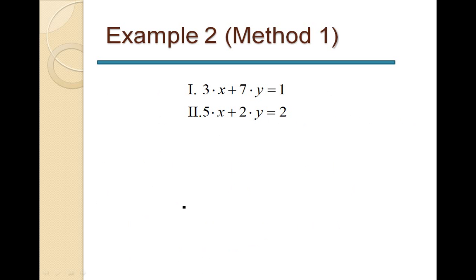Now, just have a look at the second example. 3x plus 7y equals 1, 5x plus 2y equals 2. So let's do it with the simple way, or the old way. We just look at the leading coefficients.